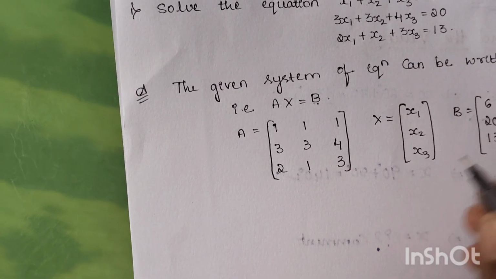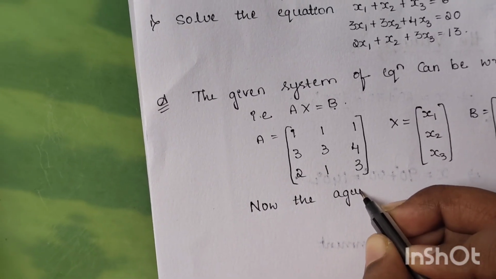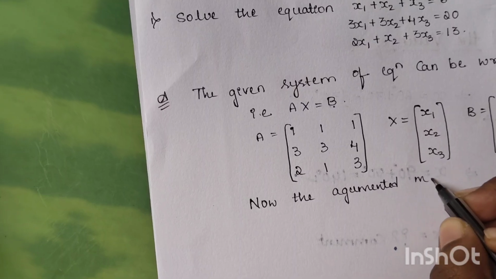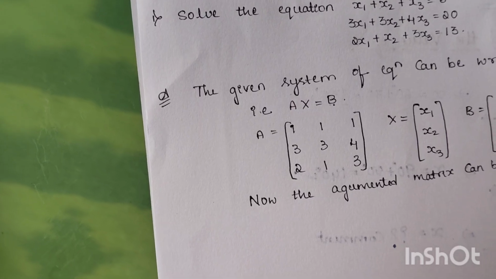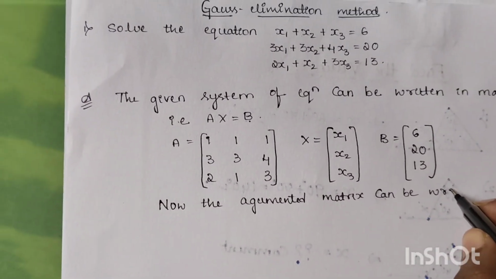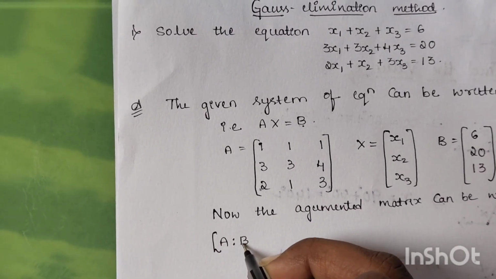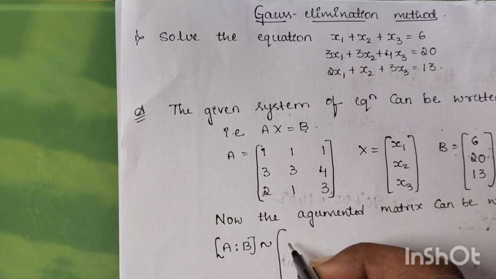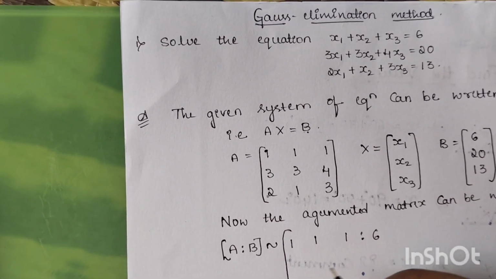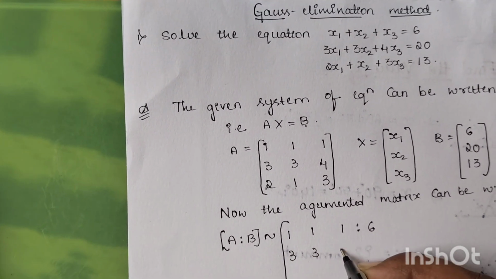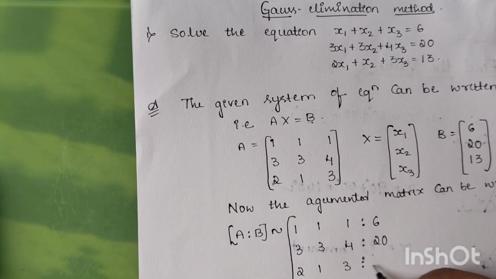Now the augmented matrix can be written as [A|B], which is equivalent to 1 1 1 | 6, next 3 3 4 | 20, and 2 1 3 | 13.